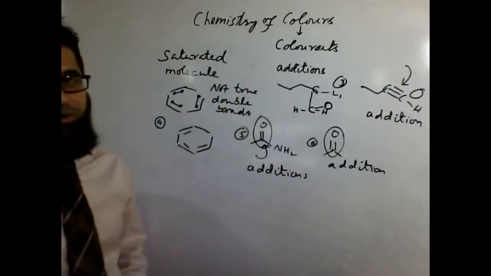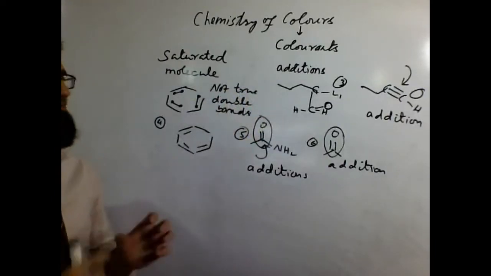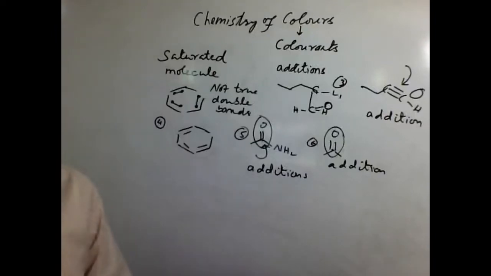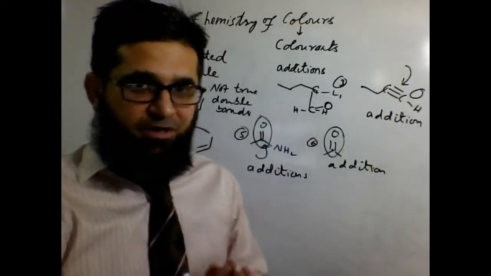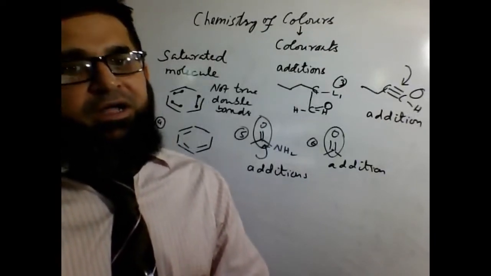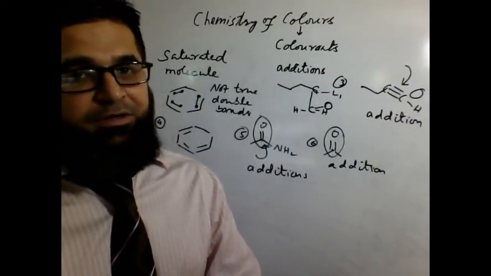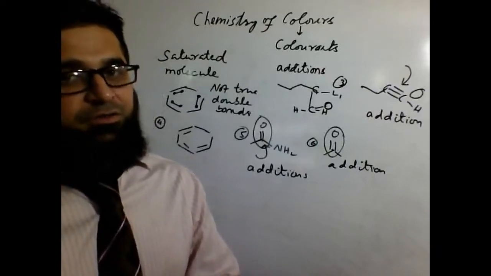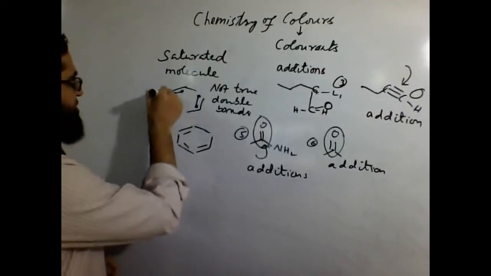So if a molecule carries single bonds, it is supposed to act as a saturated one. Once somebody is saturated, it can't get anything from outside. It can't undergo additions.